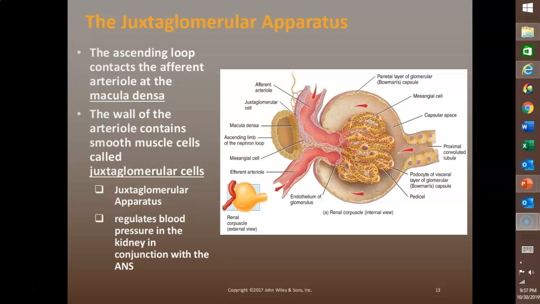Juxtaglomerular, beside the glomerulus. So the juxtaglomerular cells and the macula densa make up what we call the juxtaglomerular apparatus that helps to regulate blood pressure within the kidneys, working with the autonomic nervous system.